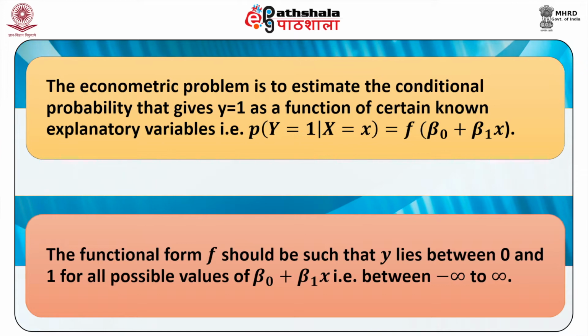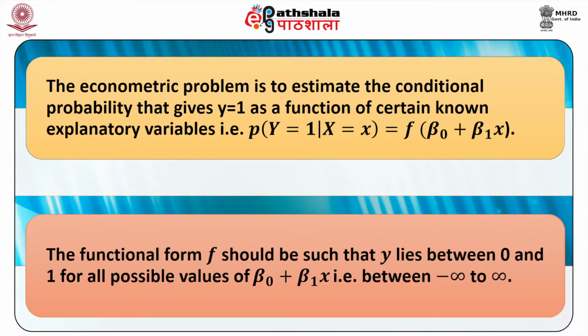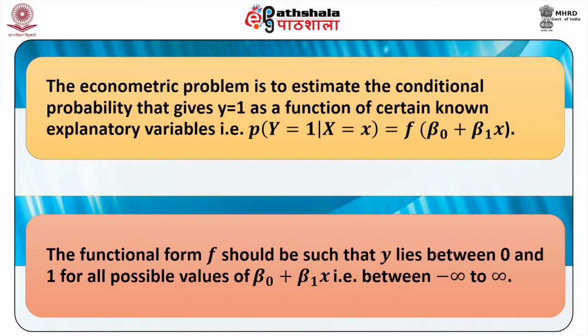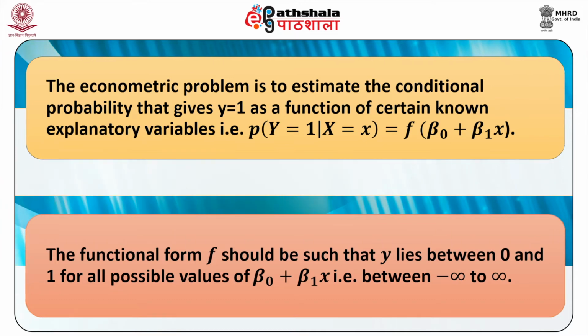The functional form f should be such that y lies between 0 and 1 for all possible values of beta 0 plus beta 1 x. It means the value should be between minus infinity and plus infinity.